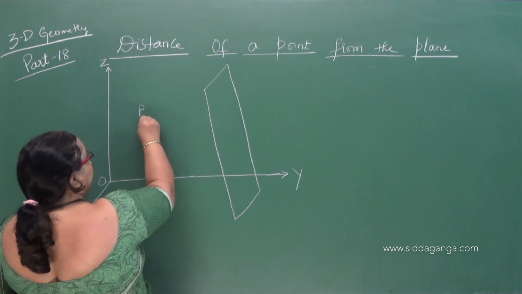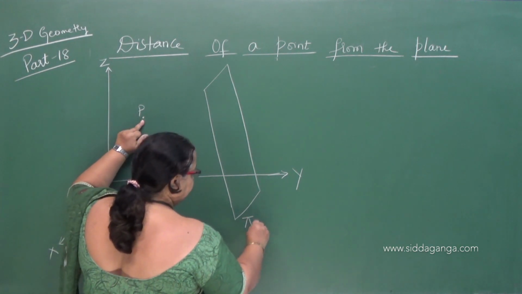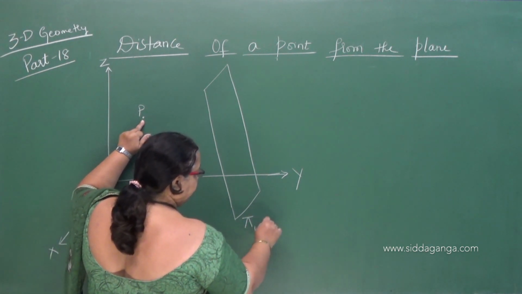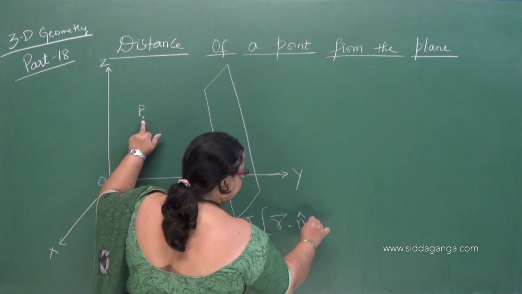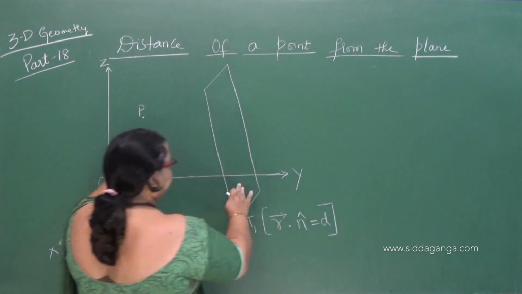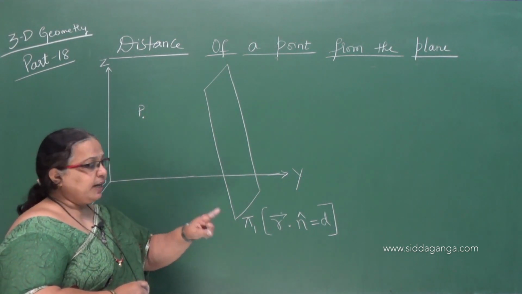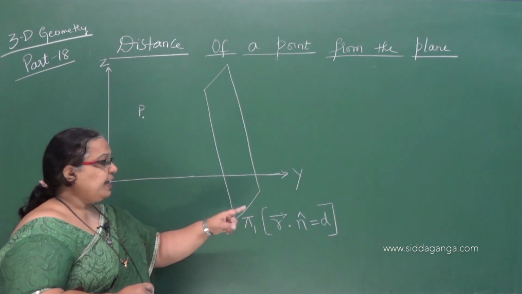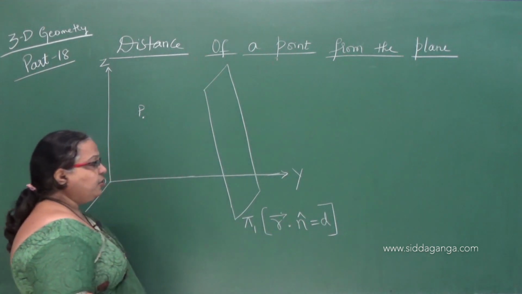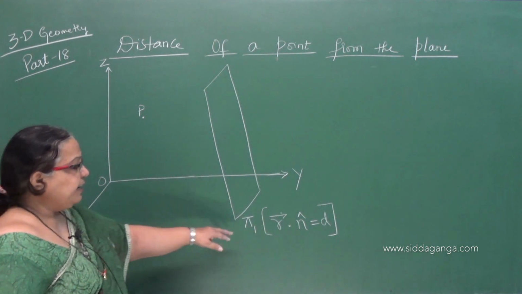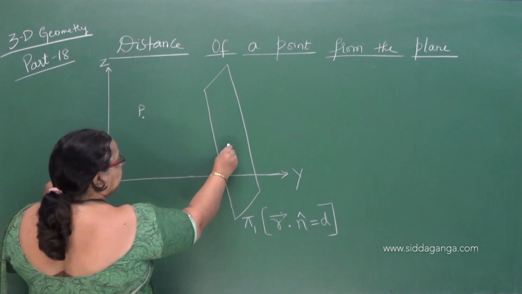Now we have to draw a perpendicular from the point P. This is the plane pi 1, where the equation of the plane is taken as vector r dot n cap equal to d. So e plane in a equation we have to take it in the form of, according to theorem 1, that is vector r dot n cap equal to d, and hence n cap represents the unit normal vector drawn to the plane pi 1, and hence we have to draw the normal vector.